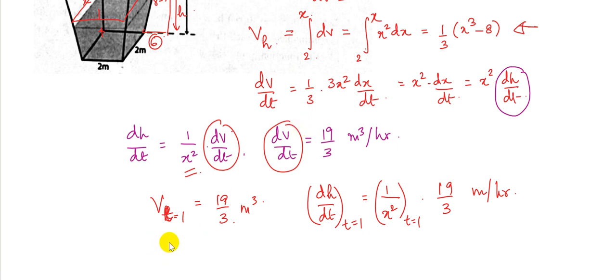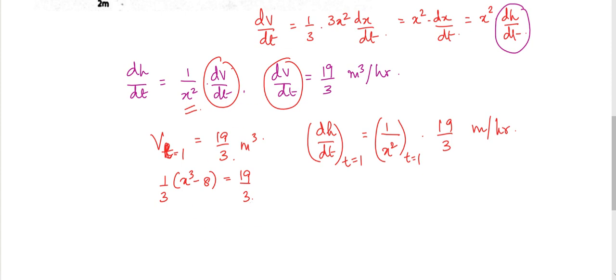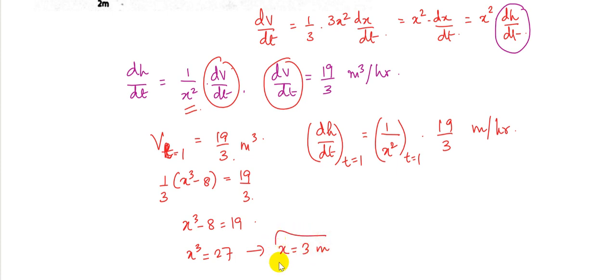So 1 by 3 of (x cube minus 8) is equal to 19 by 3. Therefore x cube minus 8 equals 19, or x cube equals 27, or x equals 3 meters.